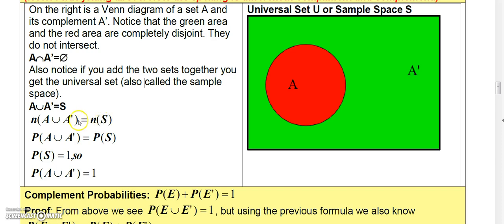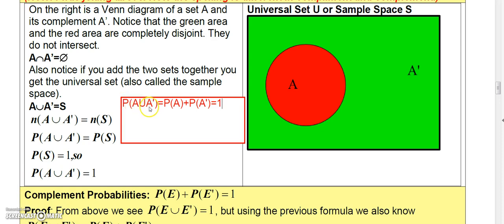Therefore we could say the probability of A union A prime is the probability of getting something in the sample space. And since the probability of the sample space is always equal to 1, because the probability of getting something in your sample space always has to equal 1, the probability of A union A prime must equal 1.